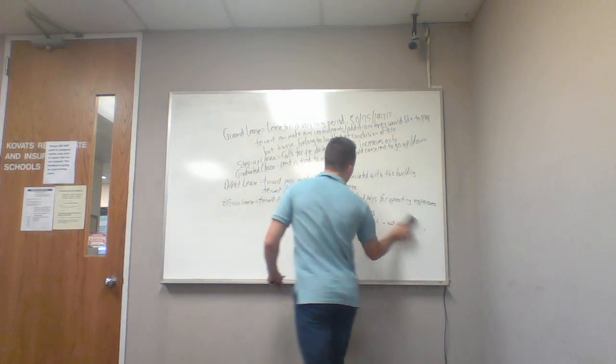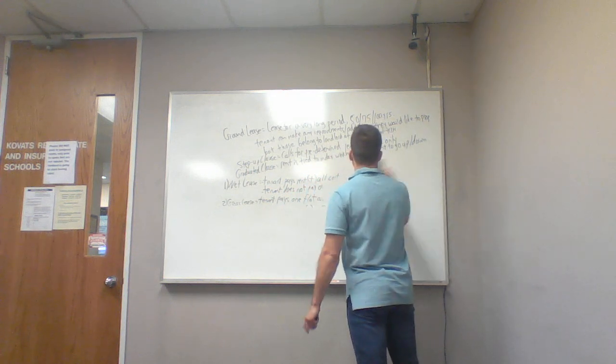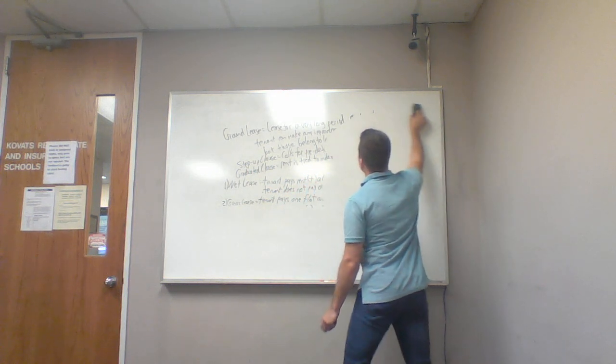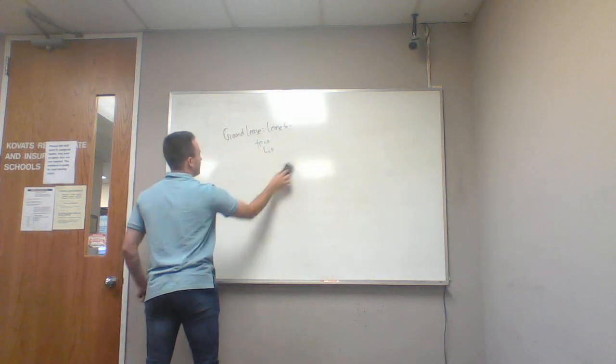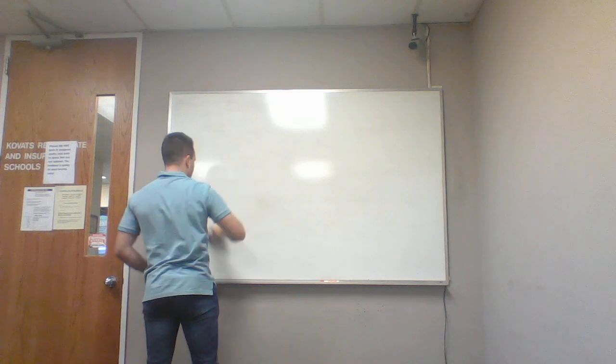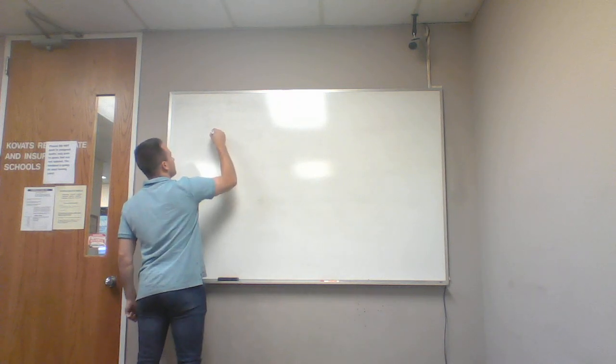The first thing to write down is that it is when the tenant seeks to break the lease early with the landlord due to the property being in unlivable condition. So I'll write that up here. Again, we call this constructive eviction.